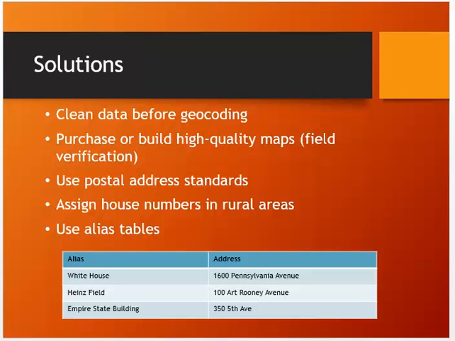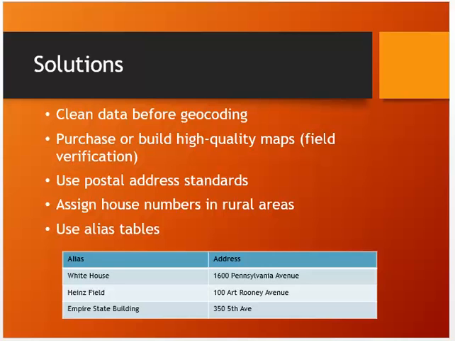If you're looking at just street addresses, the software is going to choke on unit numbers, apartment numbers, floor numbers, suite numbers. So spending time ahead of time cleaning that up is going to pay dividends at the end, so you don't have to go in and clean it up afterwards.